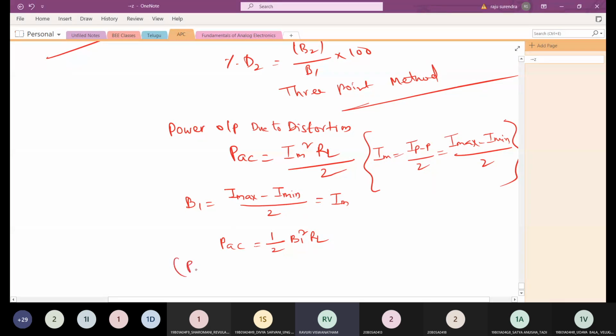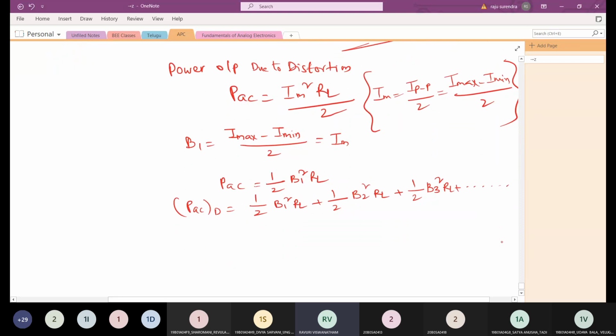So for the AC output with distortion, how can we represent it? 1 by 2 B1 square RL plus distortion B2 square RL plus 1 by 2 B3 square RL plus and so on. Have you understood?